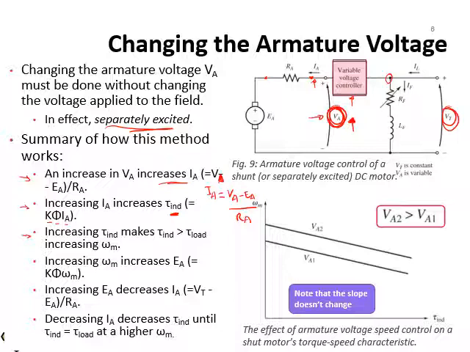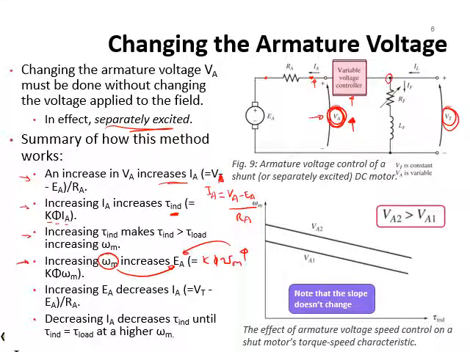and in turn the increase in the omega m will cause an increase in EA, because EA is K times flux phi times omega m. When the omega m is increased, EA also increases. And what happens next?